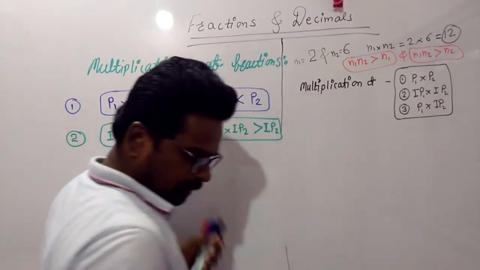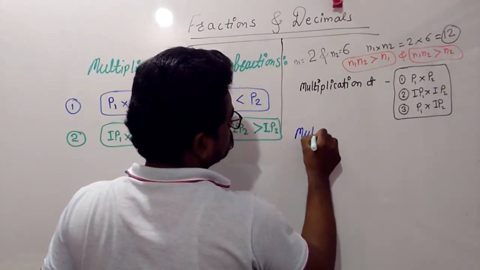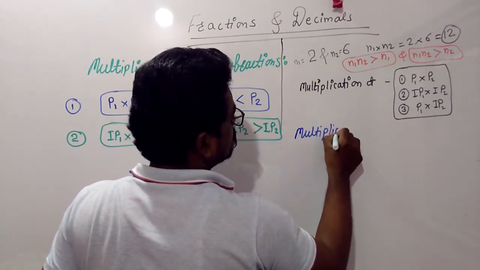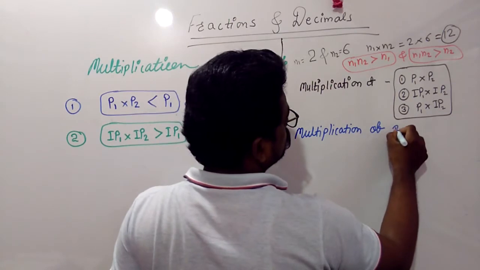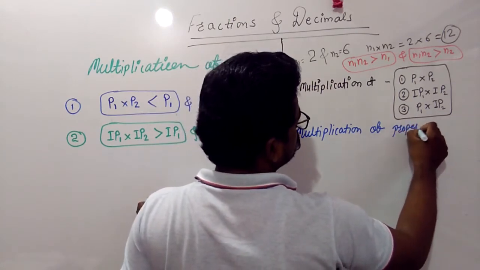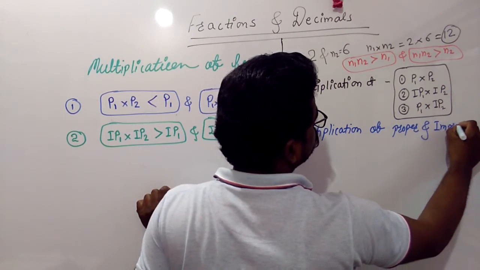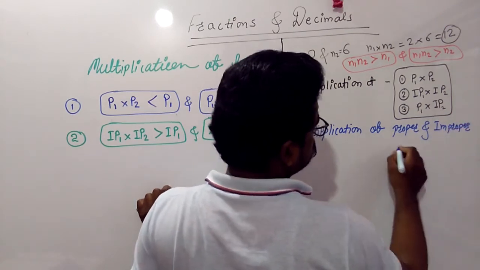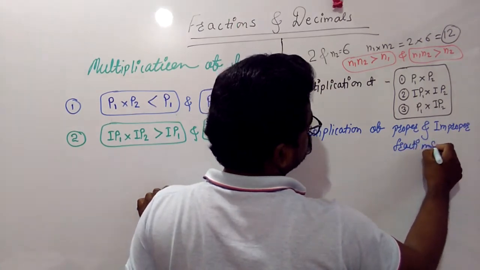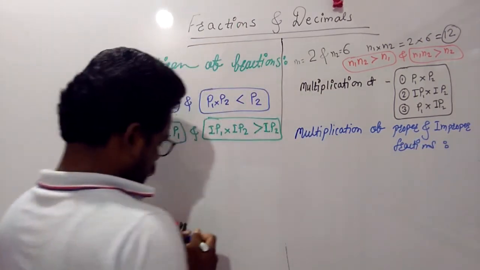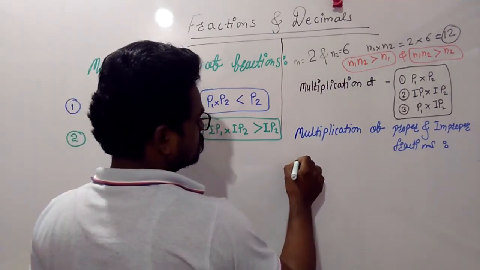Multiplication of proper and improper fractions. Okay, fine. Let's take one proper and one improper fraction.